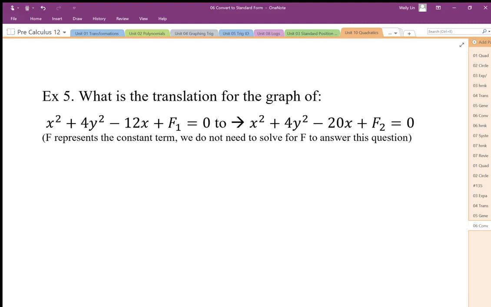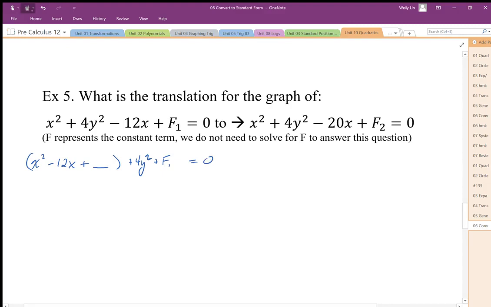The best way to figure this out is to find the horizontal position of this one, and then compare it to the new horizontal position here. So I'm going to do my original here: x squared minus 12x plus blank, plus 4y squared plus f1 equals 0.